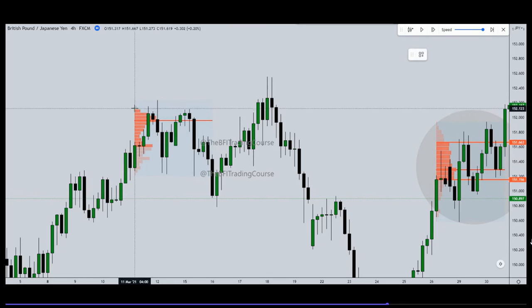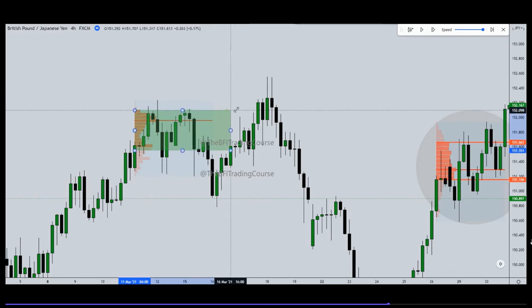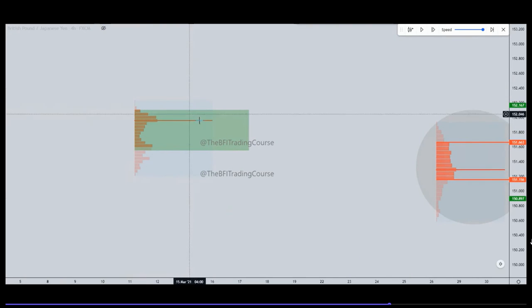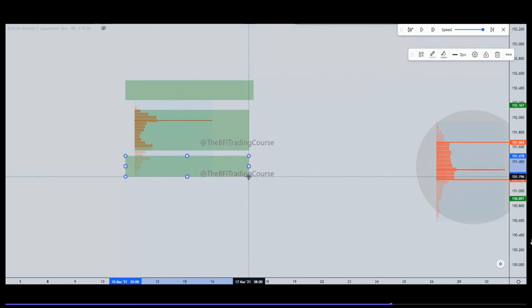Here is the area of the heaviest volume. Now, how can we refine this? By understanding there's liquidity above here and there's liquidity, like we said, below there.